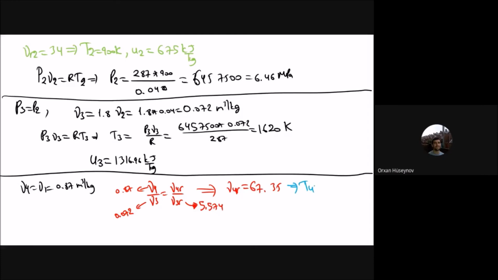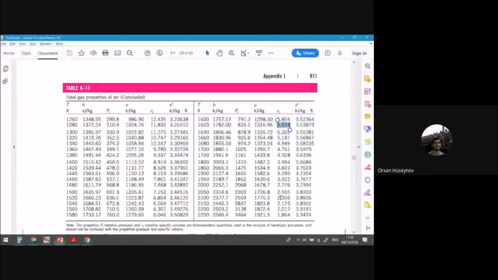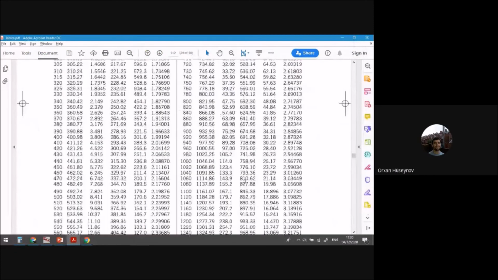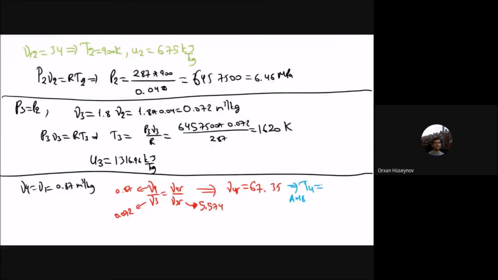Again I will use table A18. Let's go back to here. I will use approximate values because I don't want to lose time, but if you are interested, you can get the real values. So the temperature is 701 Kelvin.